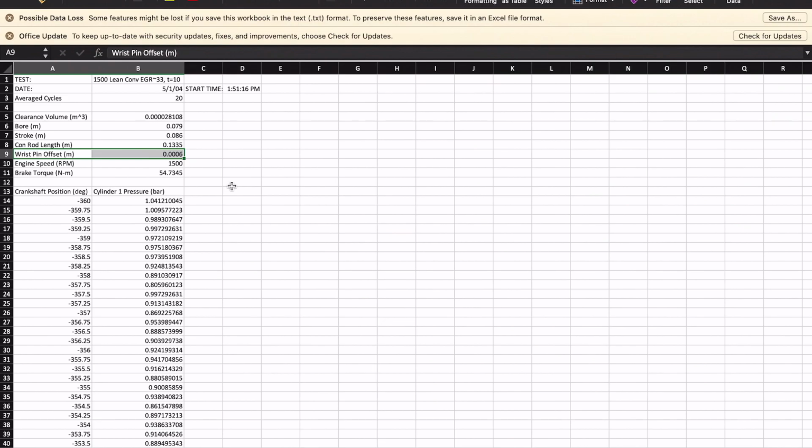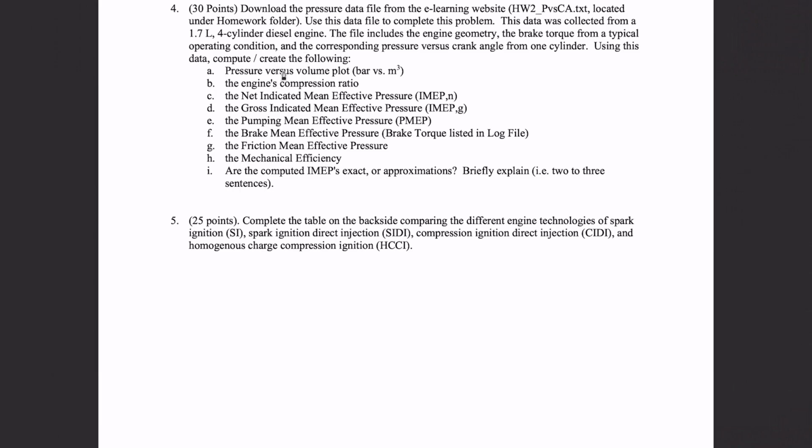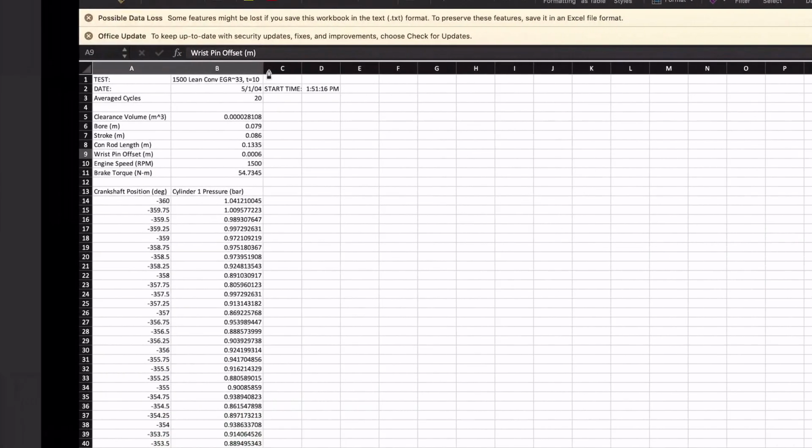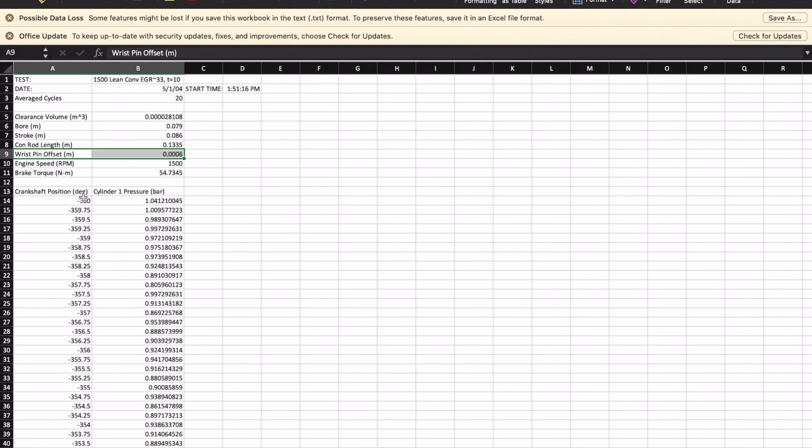Okay, so if we now go to the various items that are being asked, one of the items that we're being asked to provide is the pressure versus volume plot, okay? So if we look back in our data file, we have pressure as a function of crankshaft position. So this is pressure versus crank angle, okay? Pressure is given in bar and the crankshaft position is given in degrees.